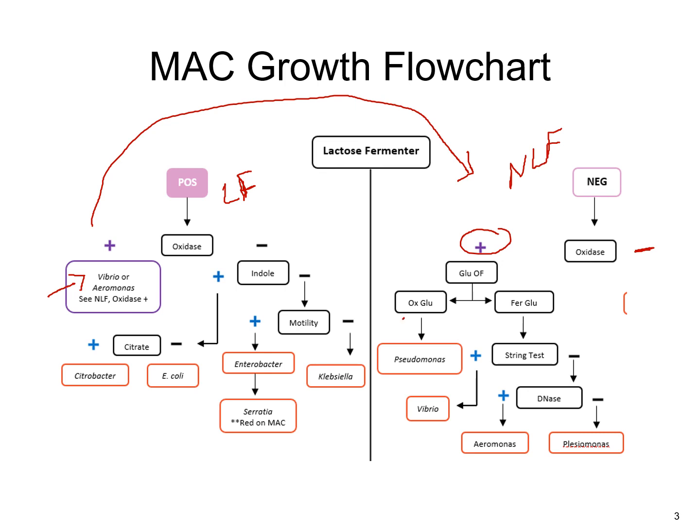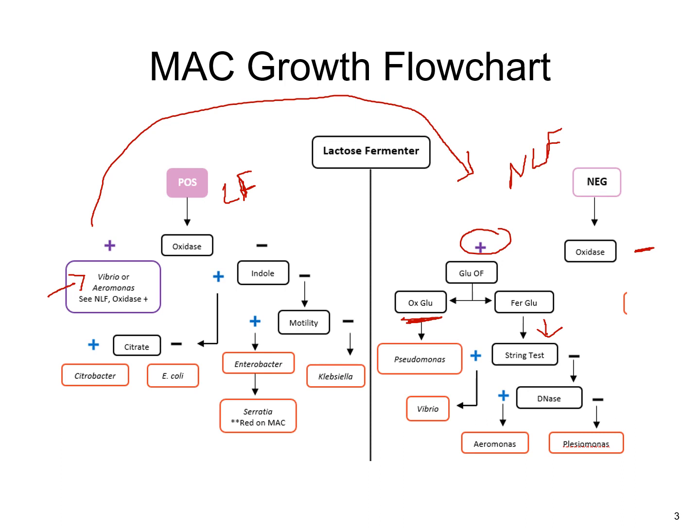If our organism oxidizes glucose instead of fermenting it, then it would be a Pseudomonas. The Pseudomonas also has some distinctive characteristics that help differentiate it without having to do this glucose oxidation test. But if it ferments, or if we determine it's not a Pseudomonas, then there are some other tests that can be done to work these organisms up.